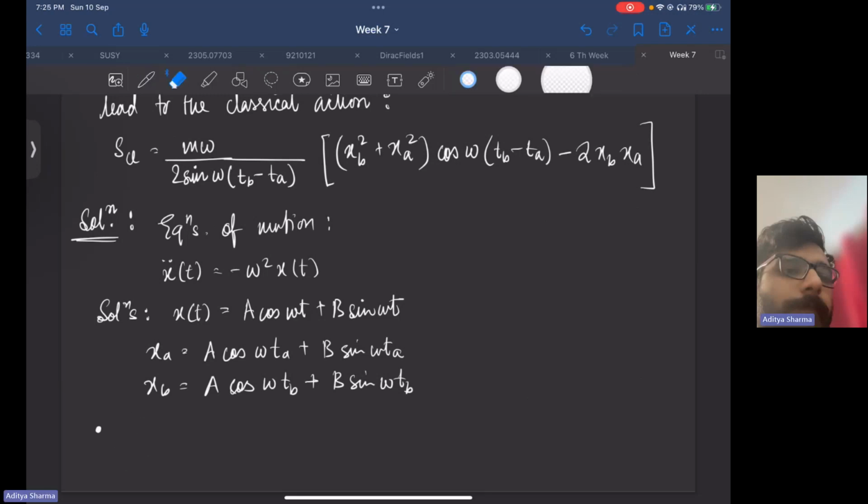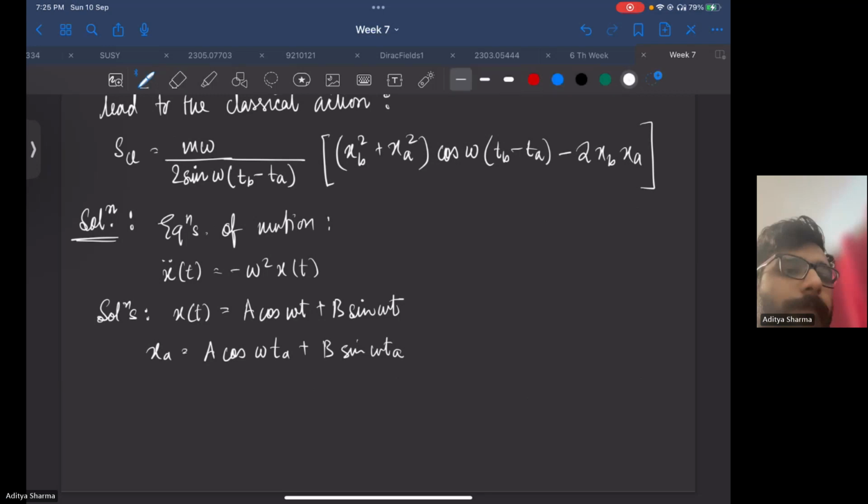So action for us. x of a is this, I need to put it here: xa minus b sin omega ta over cos omega ta.